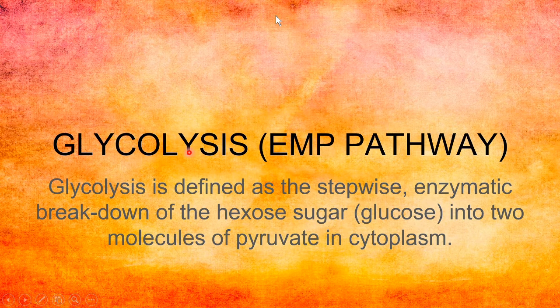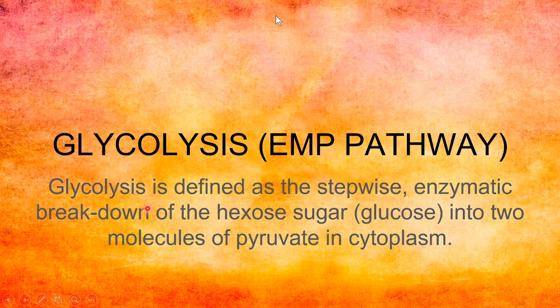Because the various steps and reactions of the glycolytic pathway were worked out by three German biochemists, namely Embden, Meyerhof and Parnas. So this glycolysis is also called the Embden, Meyerhof and Parnas pathway. In short, it is called the EMP pathway.